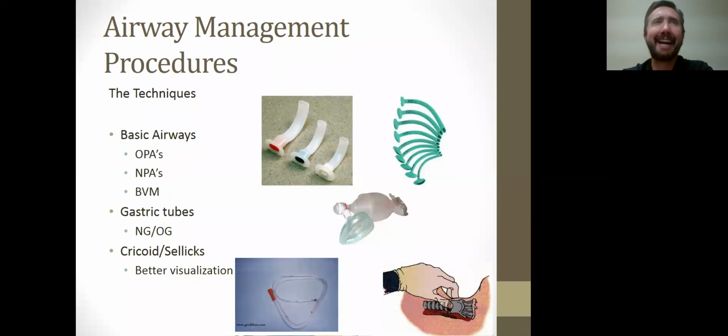Remember that high INRs, PTTs and so forth are actually contraindications to the placement of a nasogastric tube. Then just use your orogastric tube instead. And of course, cricoid pressure minimizes gastric insufflation and also helps to occlude the esophagus.